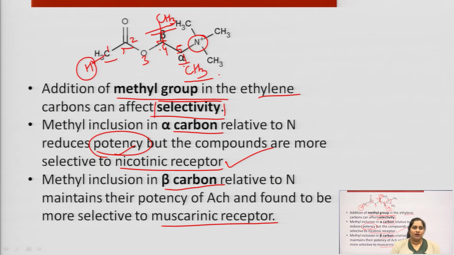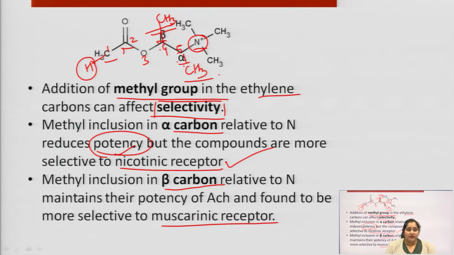As we have studied earlier, consider the methyl inclusion in the alpha carbon with respect to the nitrogen present. Here is the nitrogen, so this is the alpha carbon and this is the beta carbon. With respect to the nitrogen atom, methyl at this alpha carbon reduces the potency, but the compounds formed through the inclusion of this methyl group at the alpha position are quite selective for the nicotinic receptor.